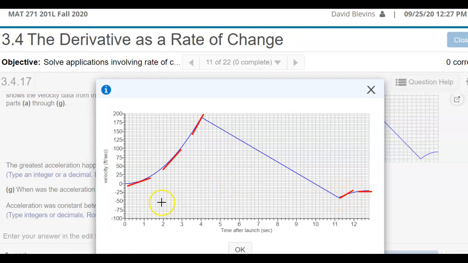So it's changing there, but it's constant here. The tangent line is this line. So the tangent line slope is always the same from when the linear part starts to the linear part ends. So from 4 to our parachute opening there at the 11.2.